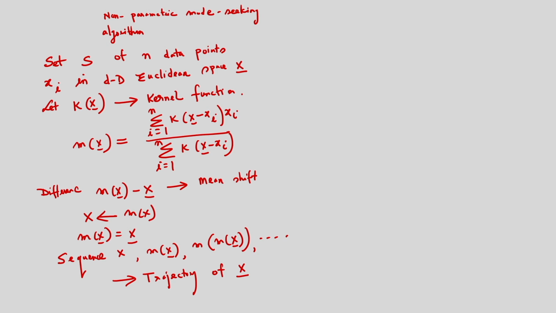So briefly, what are the steps of the mean shift algorithm? The first step is the initialization of the position of a fixed size search window.